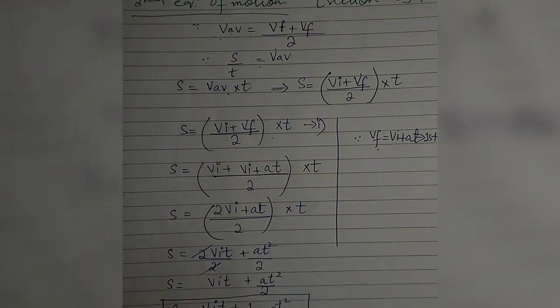Now let's move towards equation number 3, the third equation of motion. In order to derive the third equation of motion, we do need equation 1 and equation 2. So how are we supposed to do it?